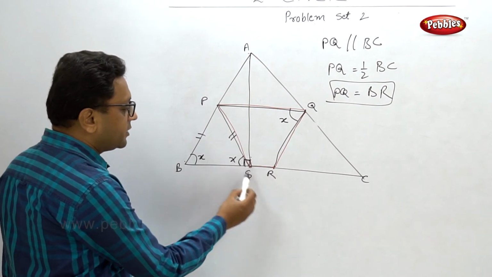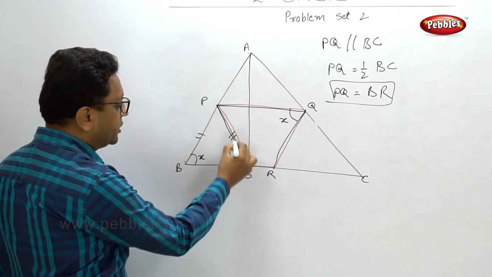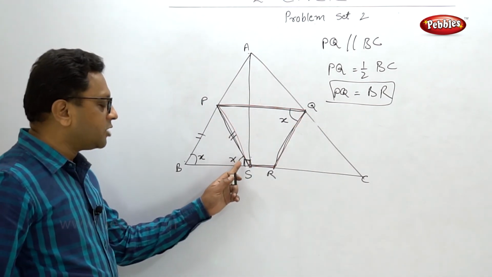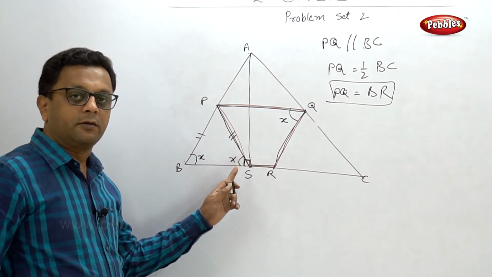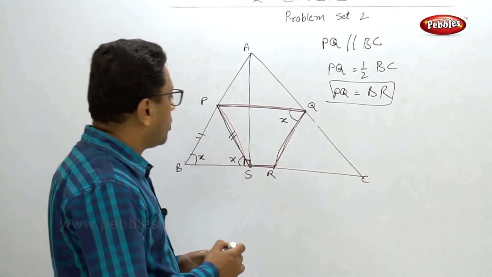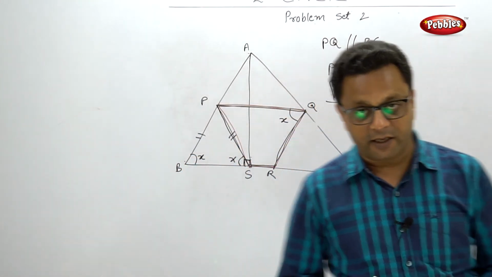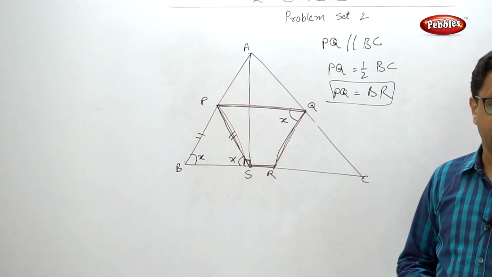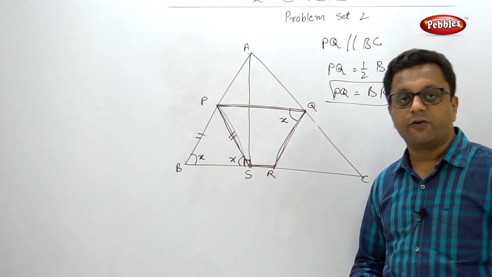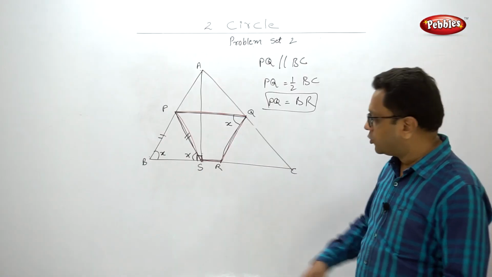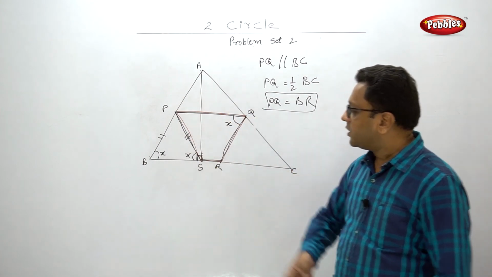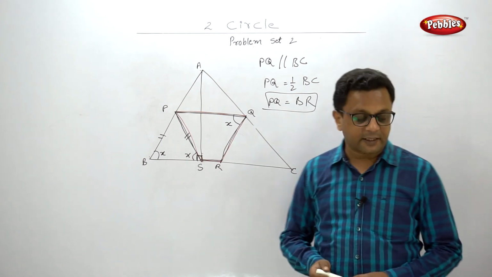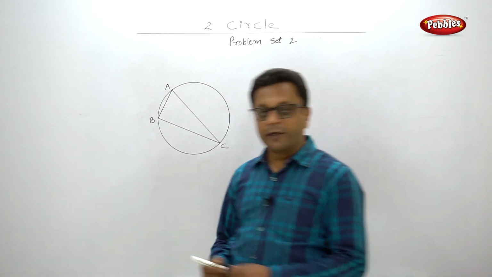Now this angle is x, this angle is x, and we have this quadrilateral, so this has become the exterior angle of the quadrilateral. And if the exterior angle of a quadrilateral is equal to the remote interior angle, in that case that quadrilateral is a cyclic quadrilateral. This is the converse of the theorem which we have on the cyclic quadrilateral. And so PQRS is a cyclic quadrilateral. It is proved. Let us go to the next example. Problem number 22.